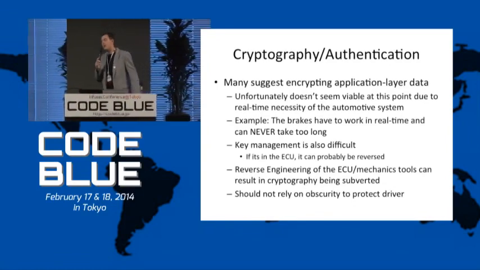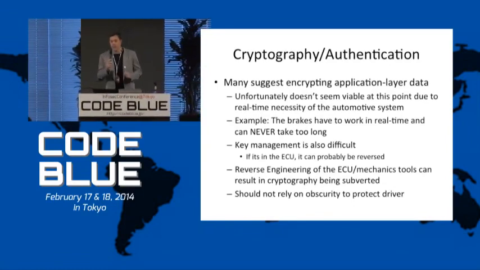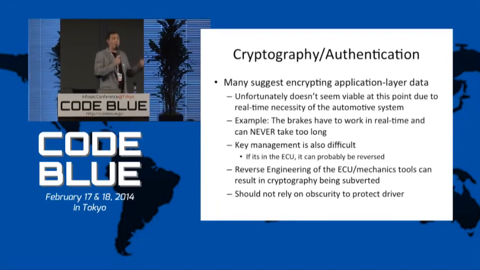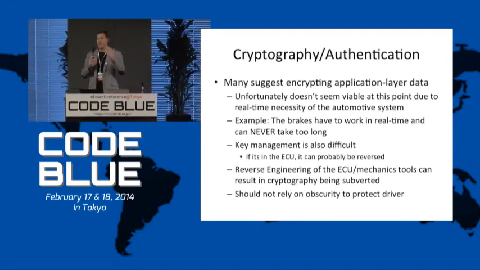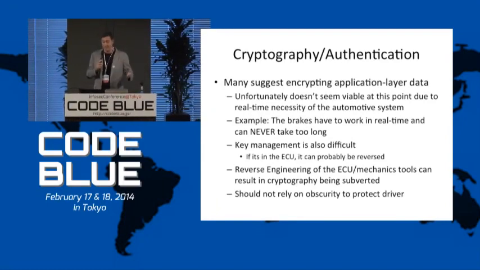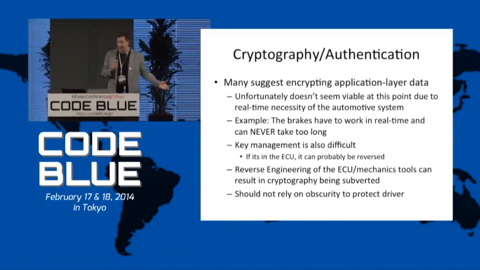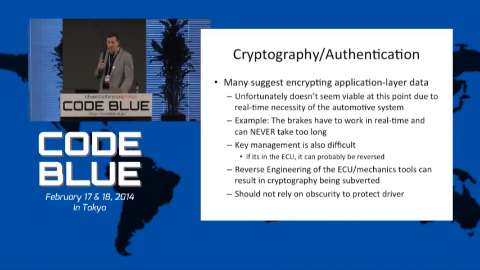People, I guess, don't understand that auto manufacturers are really concerned with time. They have to have them work on the time frame that they want. They don't have any margin of error. The airbag deploys on time, or it doesn't, and you die. It's non-negotiable with them and as a client, someone who drives a car.